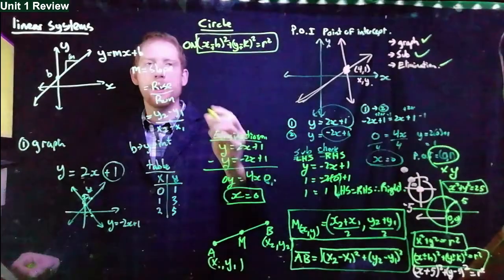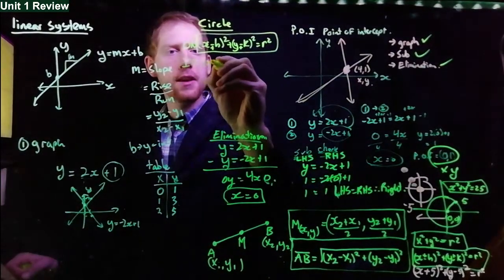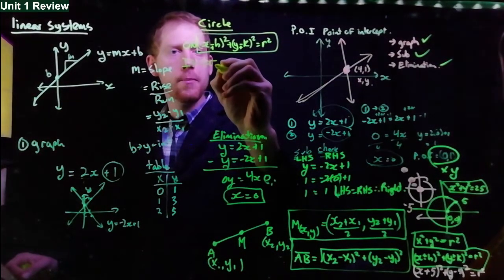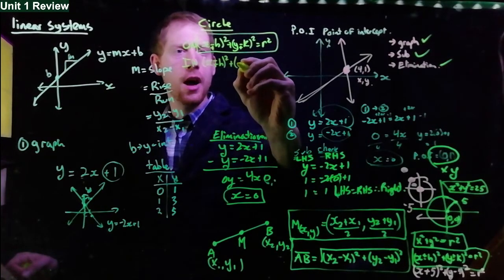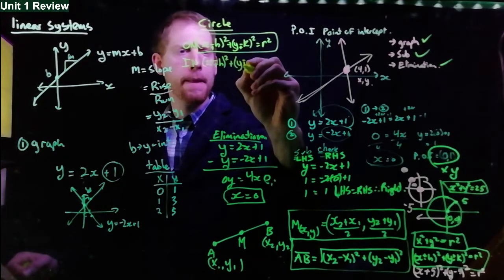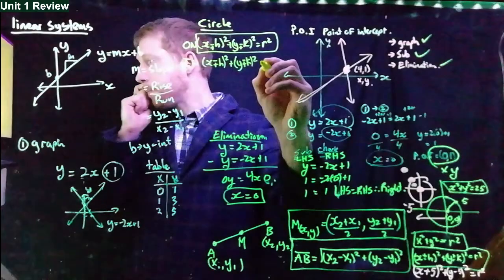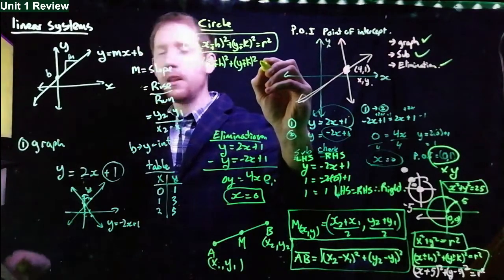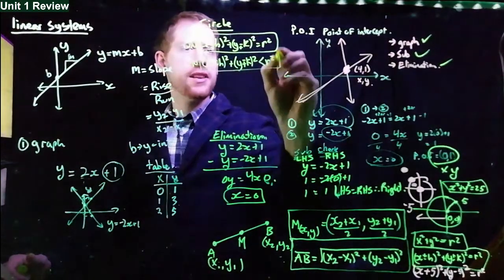That makes sense. Inside, if the distance between my 2 points here, that dot, and the origin is less than r squared, it means that we're inside that circle.